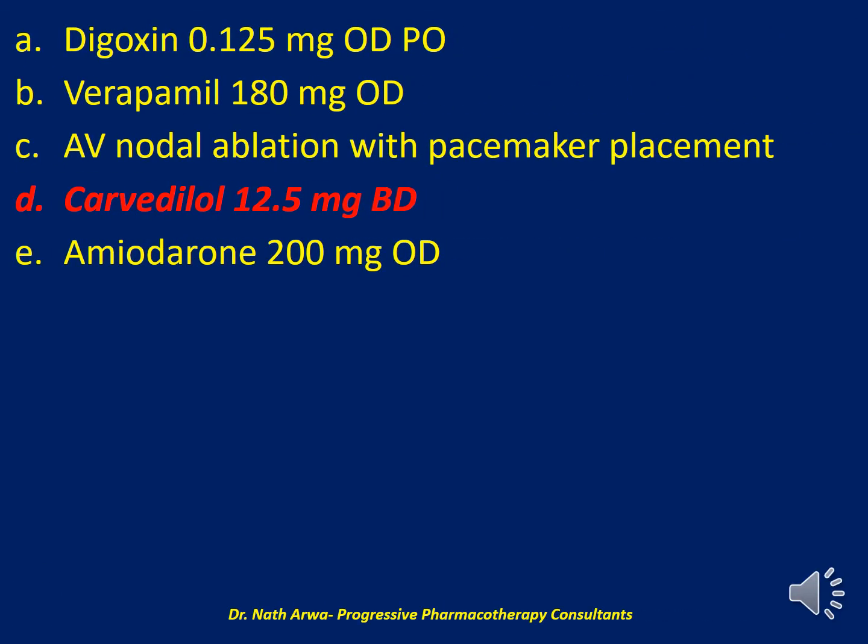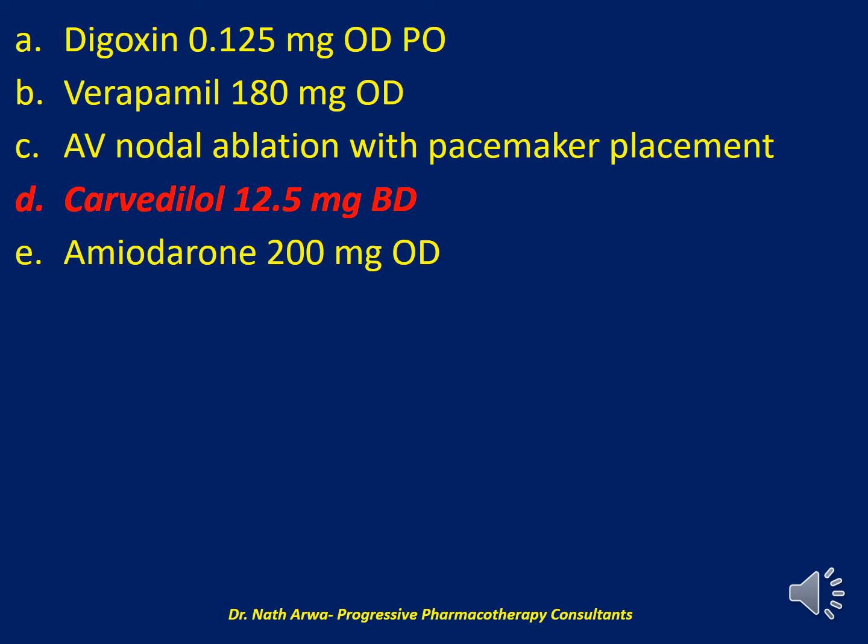I would settle for 12.5 milligrams of carvedilol taken orally twice daily. Now, in my opinion, rate control is the preferred initial treatment goal versus rhythm control. Now, using a beta blocker or a non-dihydropyridine calcium channel blocker is the recommended means of rate control for patients with paroxysmal or persistent or permanent atrial fibrillation.